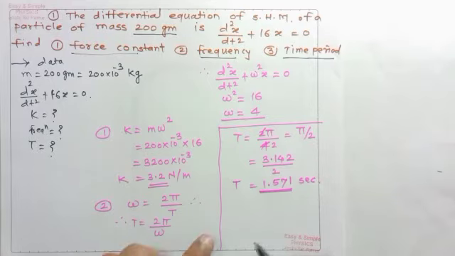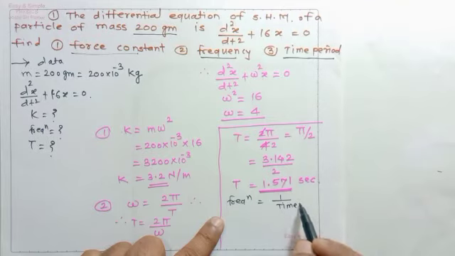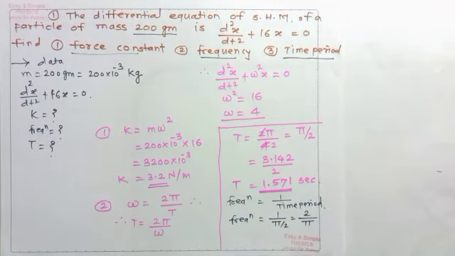We know that frequency is equal to 1 upon time period. Therefore frequency is equal to 1 upon pi upon 2, that is 2 upon pi, which is 2 upon 3.142. Here we can solve by using logarithm, taking the reciprocal of 3.142.